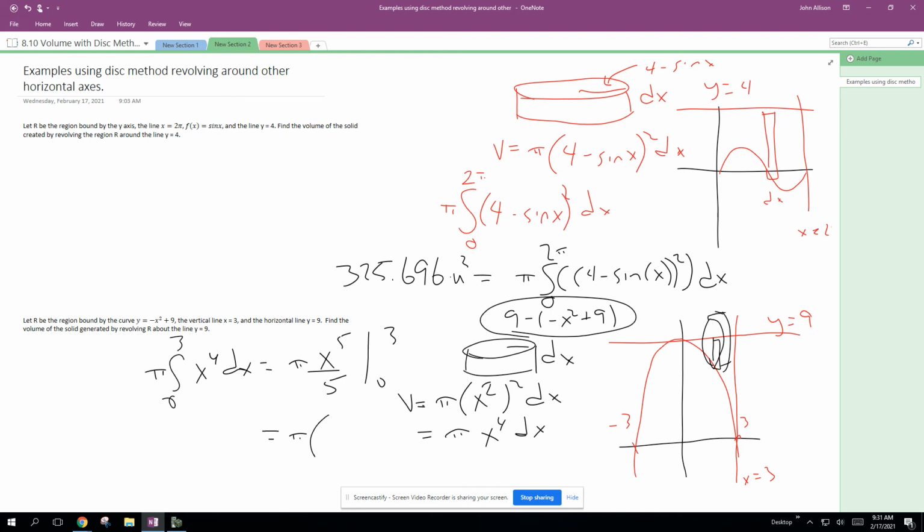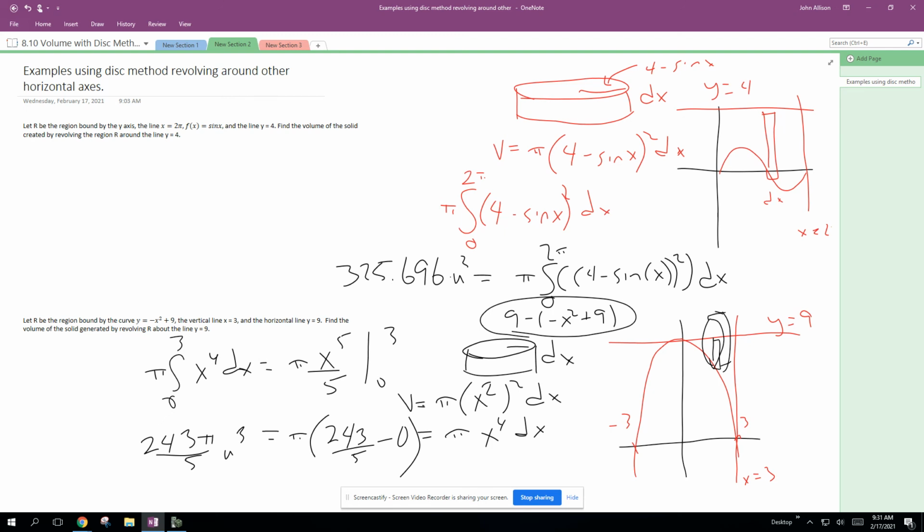That's 81, 243. Oh, sorry, I was off. 243, divided by 5 minus 0. So this is going to be 243 pi over 5 units cubed.